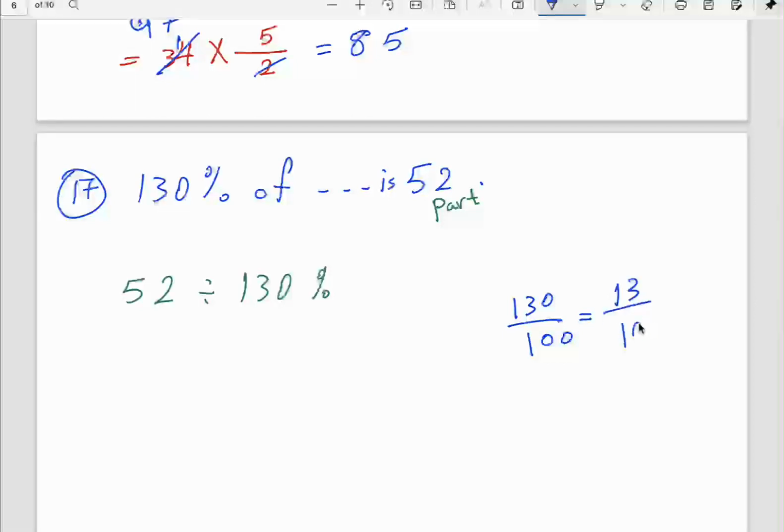Remove the 0, it will be 13 over 10. We will divide by 10, teacher. Okay, so we are dividing 52 by 13 over 10. Now, it's the same as 52 multiplied by the reciprocal.